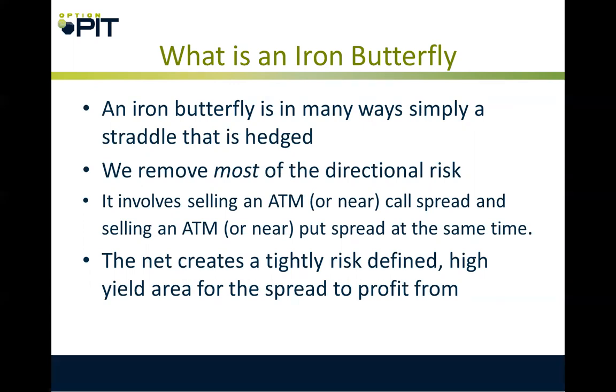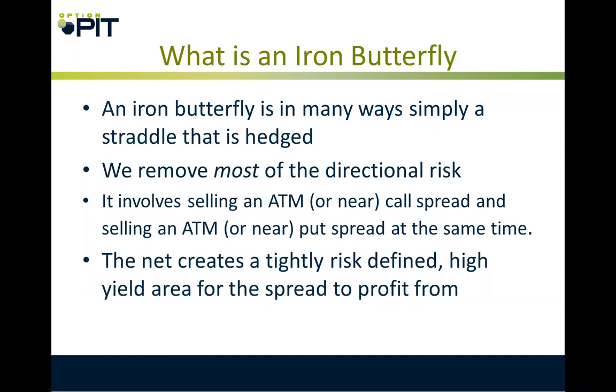Okay. So usually an iron butterfly is a straddle that is hedged. Probably one of the most important things about trading butterflies is looking at the strike you want to sell and expecting things to compress to that strike.